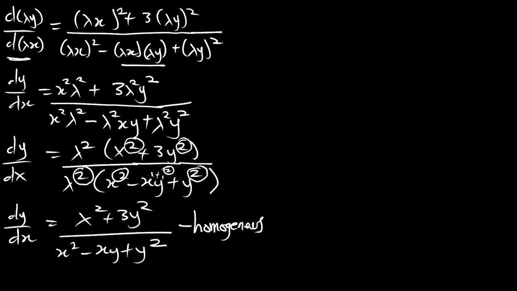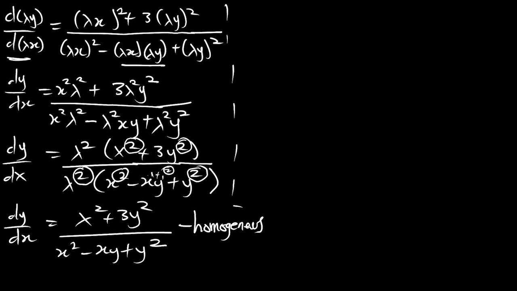Are we okay? So we can see that it is homogeneous. The powers match. They are of the same power. We will solve an example where the equation is not going to be homogeneous. Let's solve the third example.